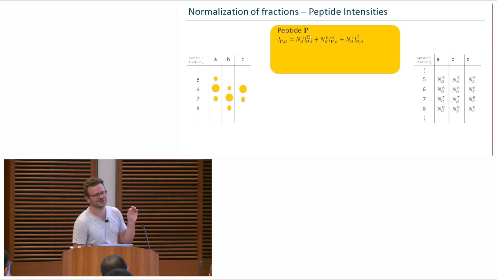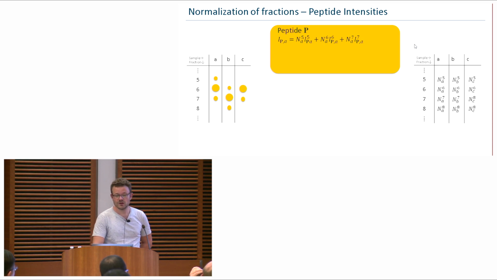It's not the power. These coefficients exist for every LCMS run. So we have this table again, and for every run we have a normalization factor, which is multiplied to the intensities. And then we can continue.